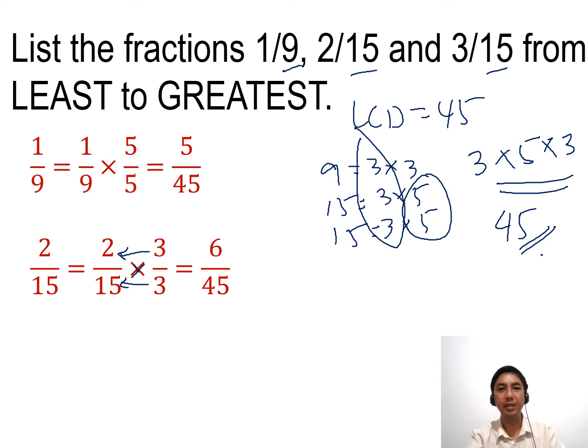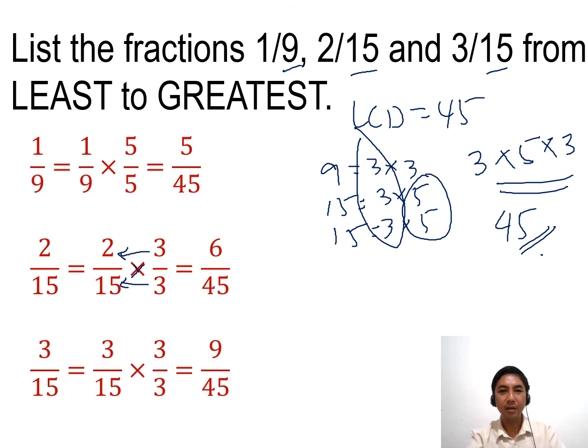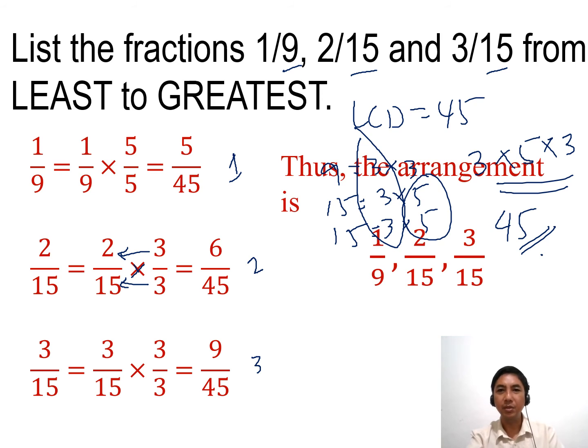So, you are given 6. Ito rin naman, multiply mo ulit ng 3 over 3. So, it will give you 9 over 45. So, ang question is, list the fraction from least to greatest. So, mauna ito, pangalawa ito, pangatlo ito. Okay? So, the answer or the arrangement is 1 over 9, 2 over 15, 3 over 15.